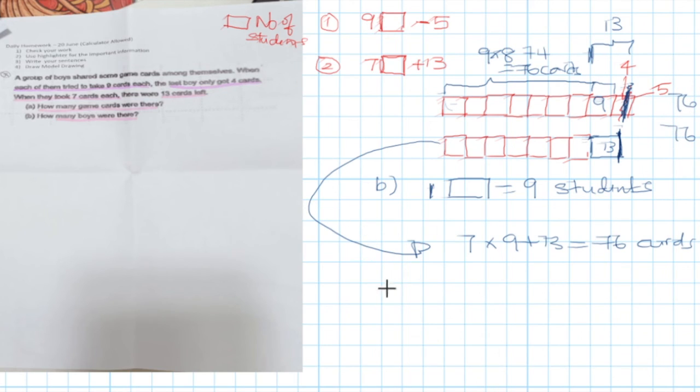You have to write a sentence here, okay? The number of cards, how many cards there were, you have to write. There were 76 cards. Then how many boys were there? There were 9 boys, okay? Because I already identified one box is actually 9. One box represents the number of students. Okay?